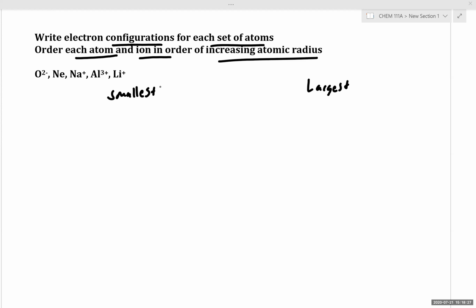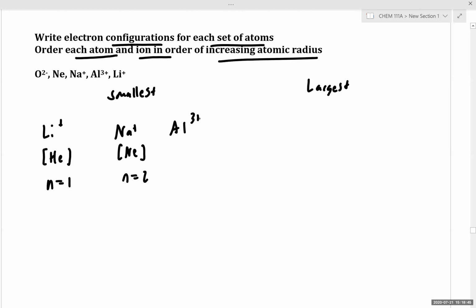So what I like to do first and foremost is write the configurations. So lithium plus has a configuration of helium, so it's n equals 1. Sodium plus has the configuration of neon, which is n equals 2. Aluminum 3+ has a configuration of neon. Oops, let me find aluminum in the periodic table.